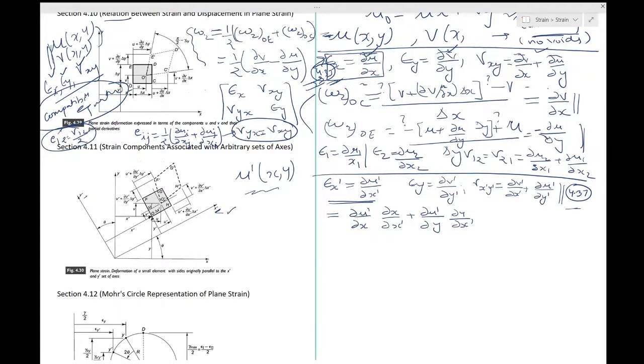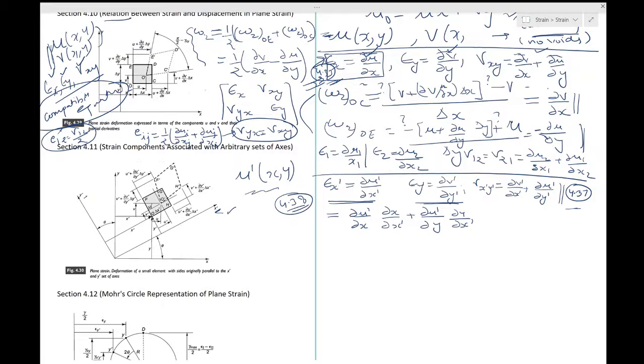Now the same operation can be done in the second terms as well. So in your textbook you can please refer to equation 4.38. It has this breakup of ex dash, ey dash and gamma x dash y dash.